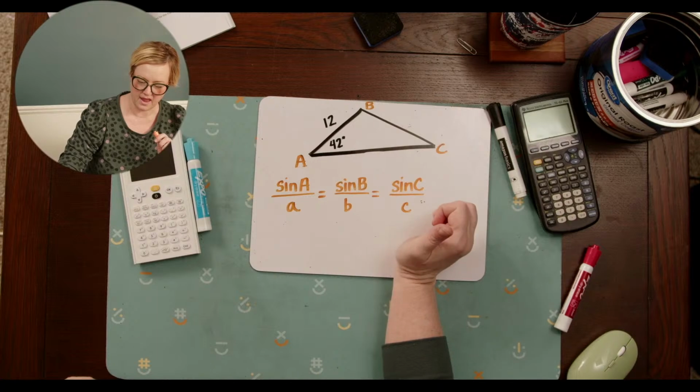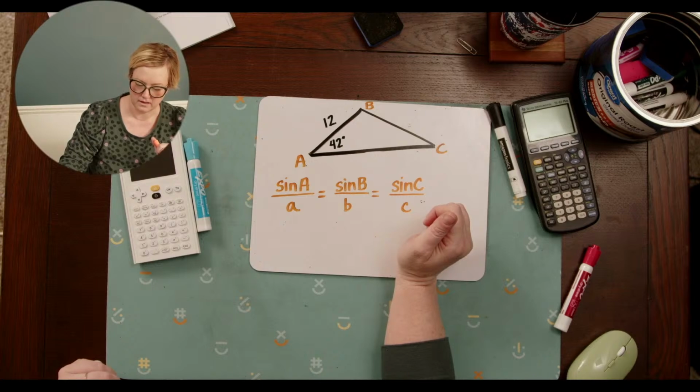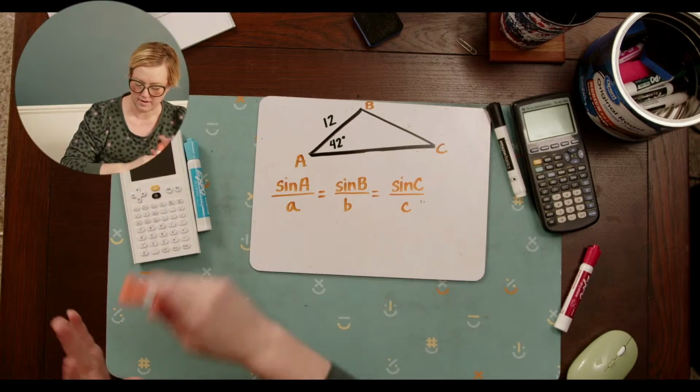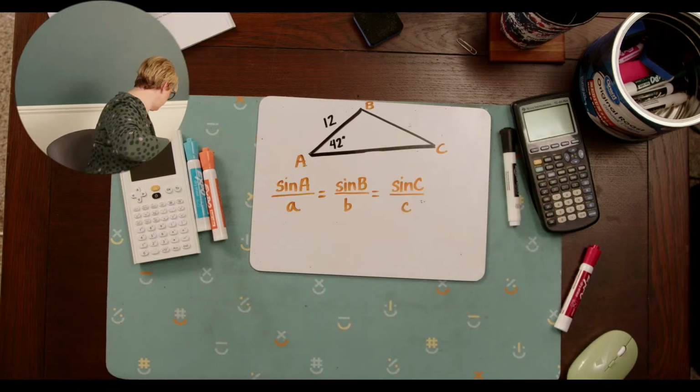I can find the area of this. SAS, because I don't have a complete pair. Hold on. Okay, I'm hoping that this won't get into the ambiguous case.